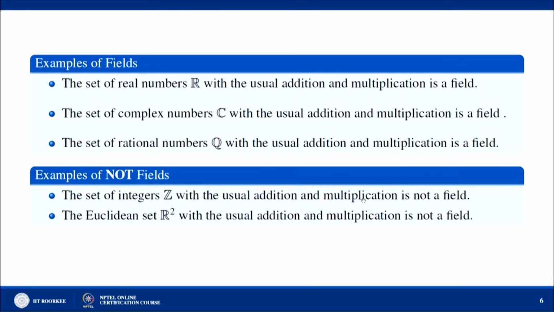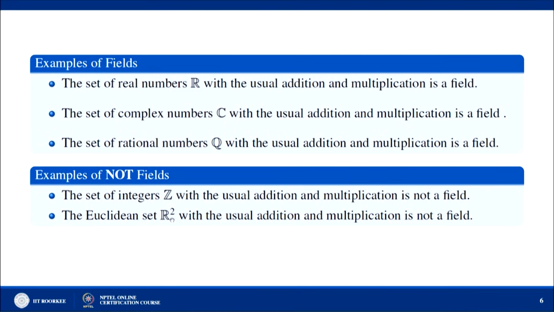Similarly, if you take a Euclidean space, say R2, R2 is all (x, y) such that x and y are in R. Now, under usual addition it again constitutes a group, an abelian group in fact, because the associativity property holds, the identity is (0, 0), and the inverse of any (a, b) in R2 is (-a, -b), which is also in R2.